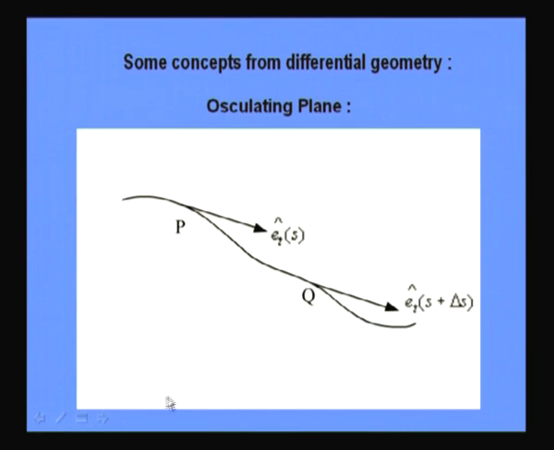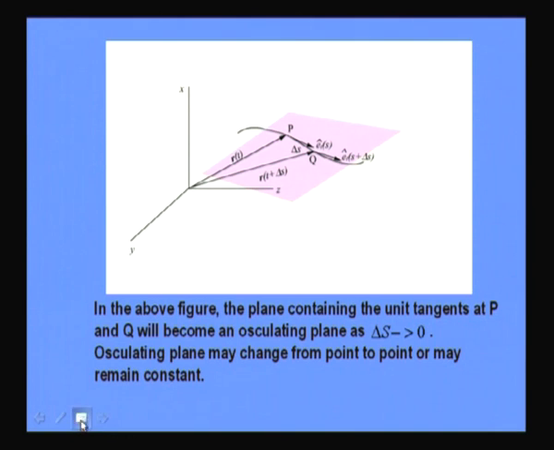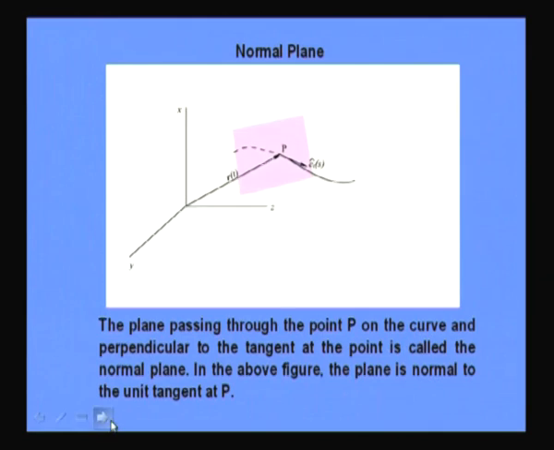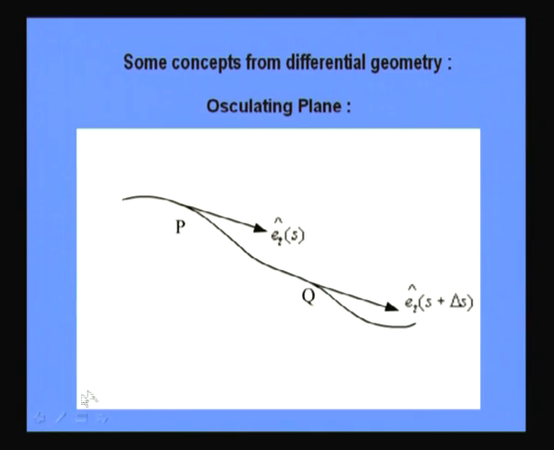If we can find a plane which encompasses these 2 lines, and if the distance between the 2 points is kept very small, then it is possible to find a plane which will have these two lines lying in it. That plane will be called the osculating plane.